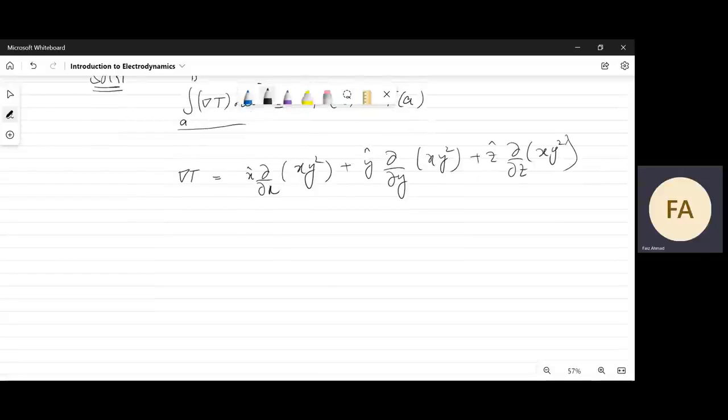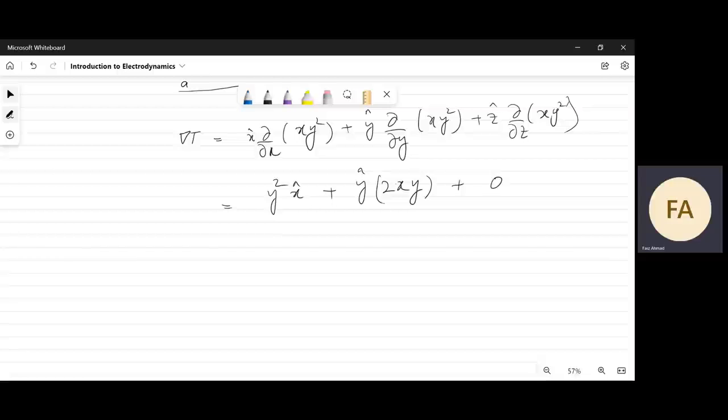So the gradient turned out to be y square x plus 2xy y, plus z is independent of z, 0, or it becomes y square x plus 2xy y.